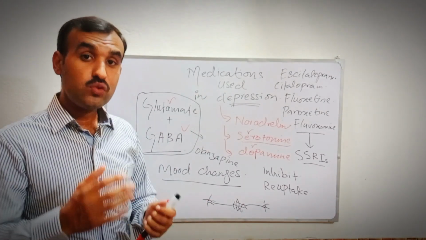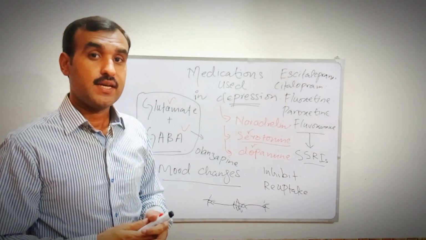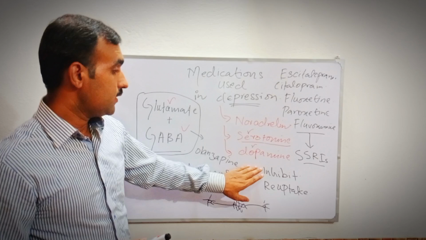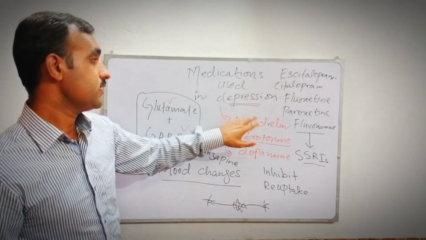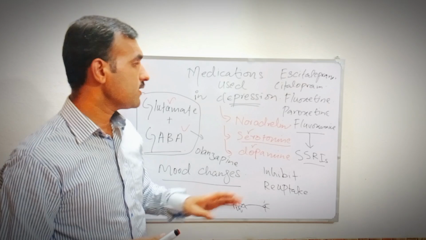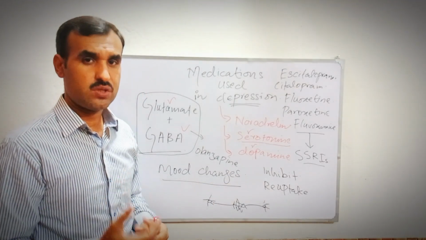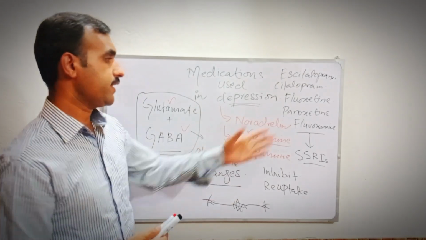The mood will also be happy, and these medicines play an important role in diseases like depression. So guys, today's video is a very short and brief discussion of such medications.